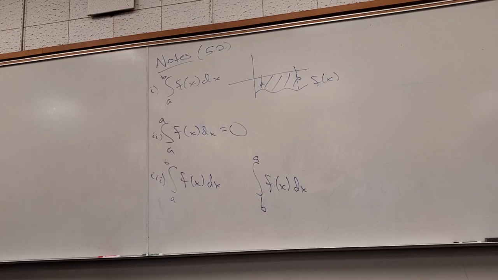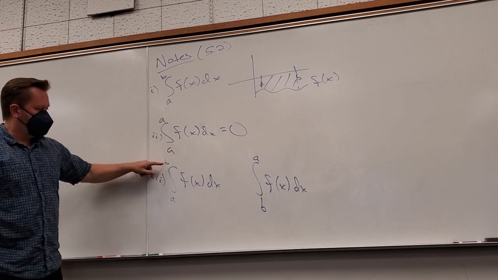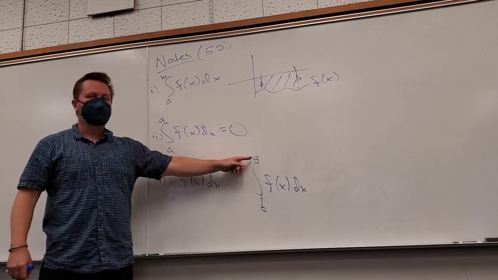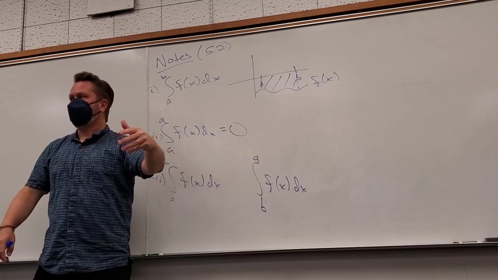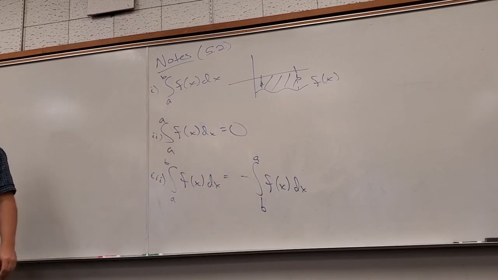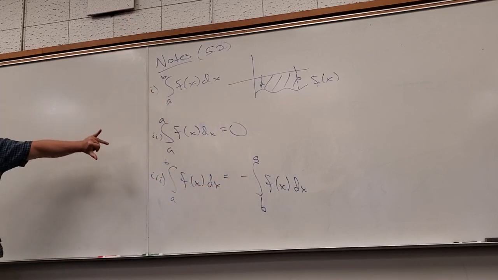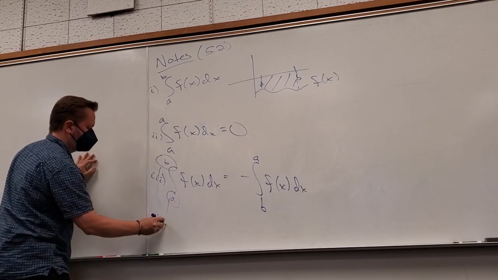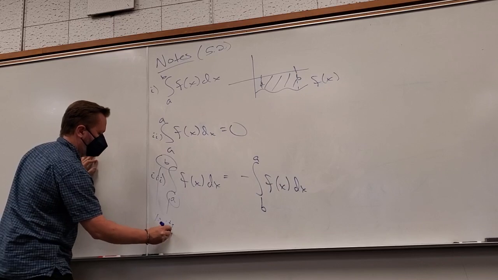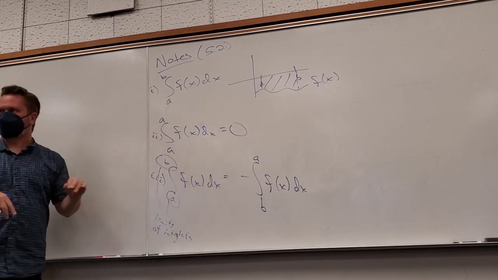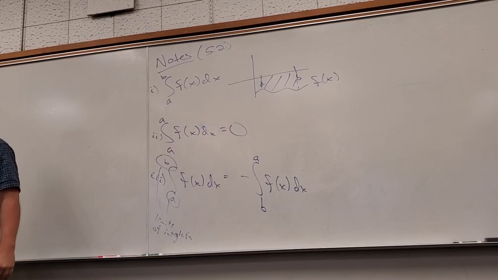The width, and what is it? b minus a, over n. This would be the opposite of that, a minus b. So if b minus a is positive, this will be the opposite sign. If I switch the limits, and these are called the limits of integration, I get the opposite of the original. Okay, I like it.